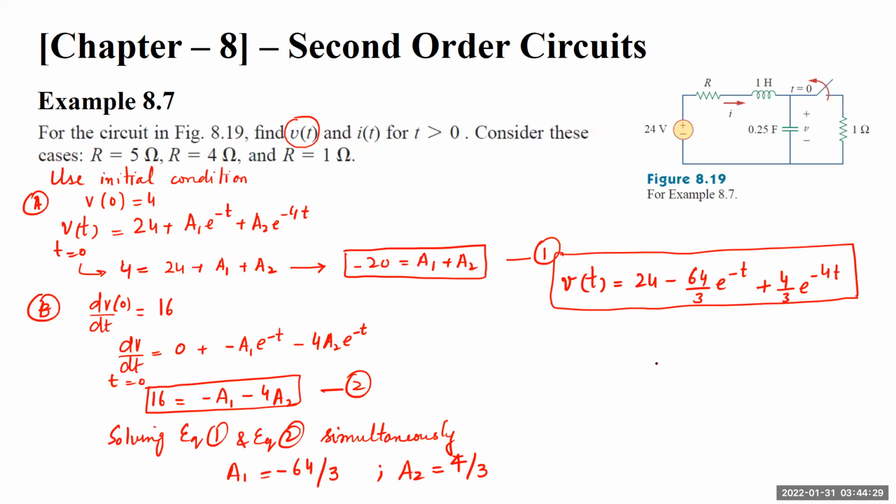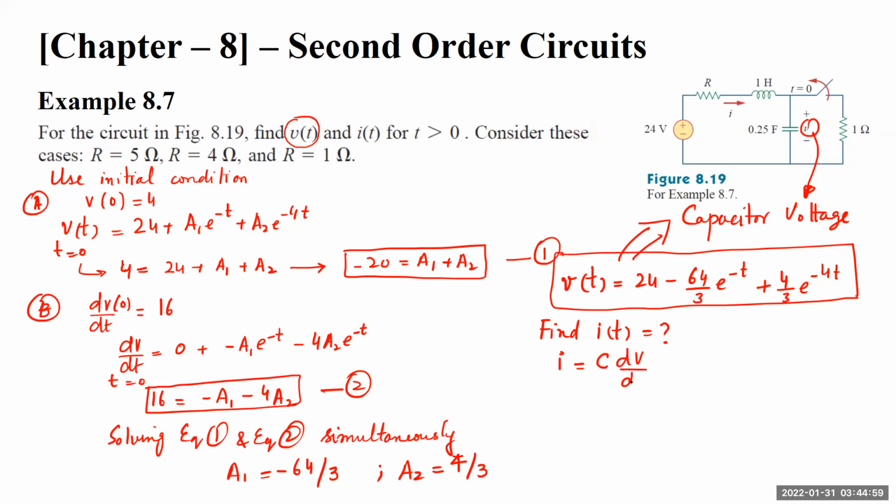Now our second case is to find i of t. Remember, this voltage is the capacitor voltage because we are solving it for this one. We know that the current in the circuit is i, and i is C times dV by dt.